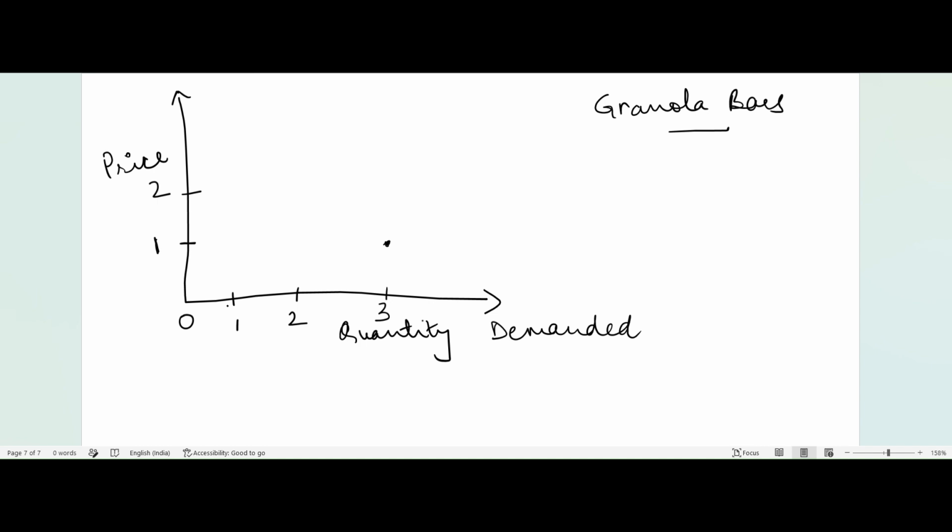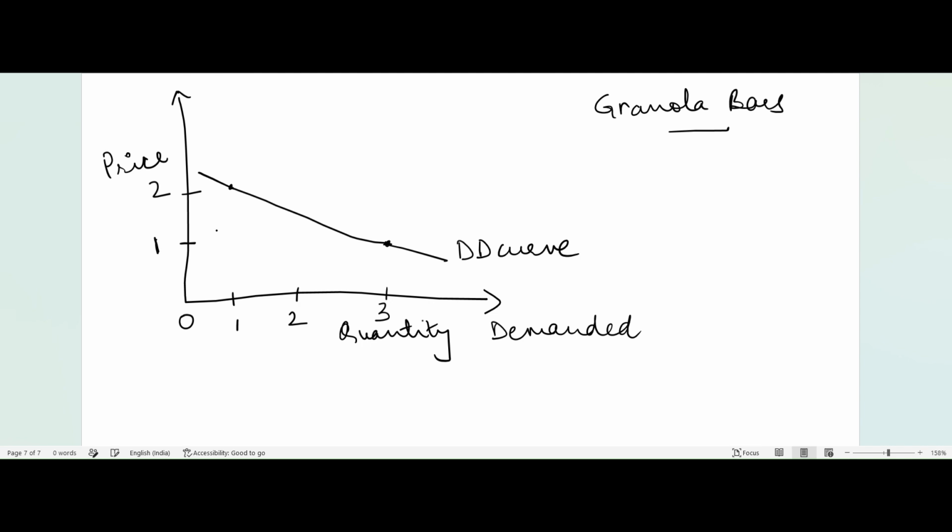When the price increased to 2, the quantity demanded decreased to 1. So I have a point over here. Now, when I join these two points and extend this line just like this, because that's what I'll get, there's an inverse relationship between the price and quantity demanded. What I get is the demand curve.